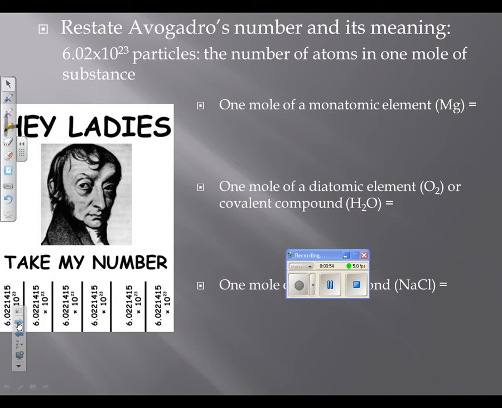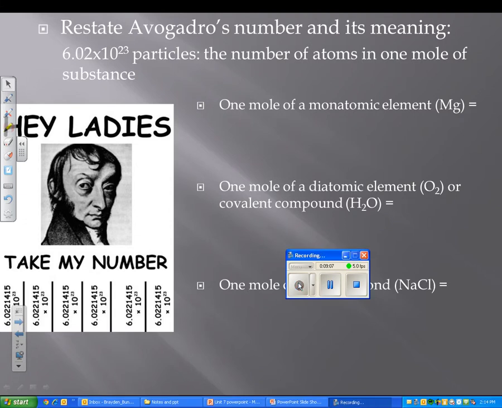So, our representative particles: if we have 1 mole of a monatomic element, we've got 6.02 times 10 to the 23rd particles, or atoms. If we've got 1 mole of a monatomic element, we have 6.02 times 10 to the 23rd atoms of magnesium.